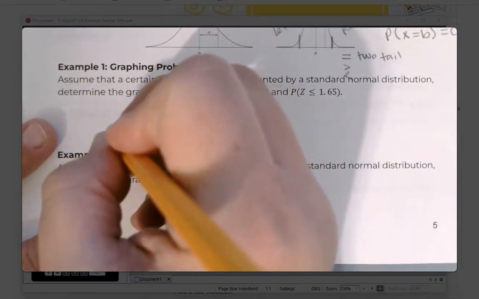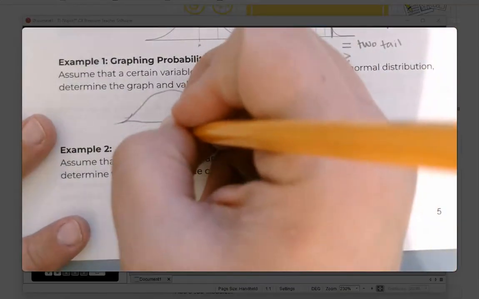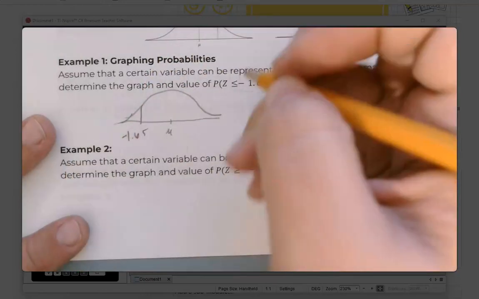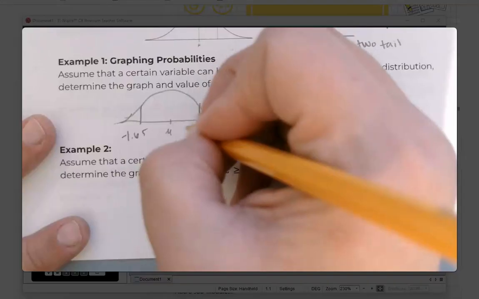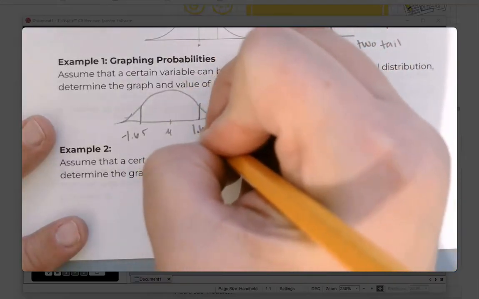I'm really bad at drawing this bell curve. So we know that the mean is here. We're going to cut it off at negative 1.65. And remember, that's just a distance from the mean. So 1.65 plus or minus the mean is this location here.